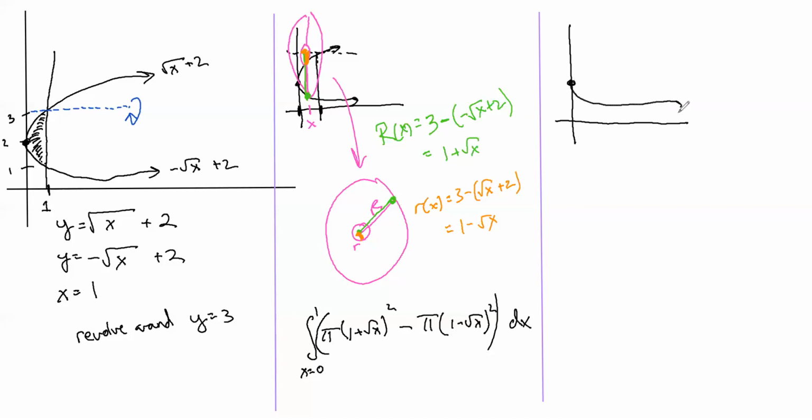We got our two functions. All right, we have our region that we're integrating. And then we have our axis of revolution given right here.